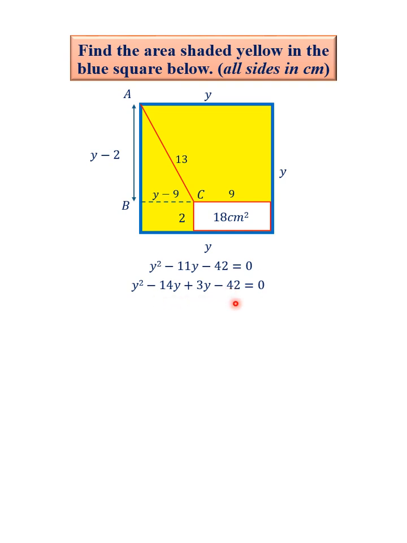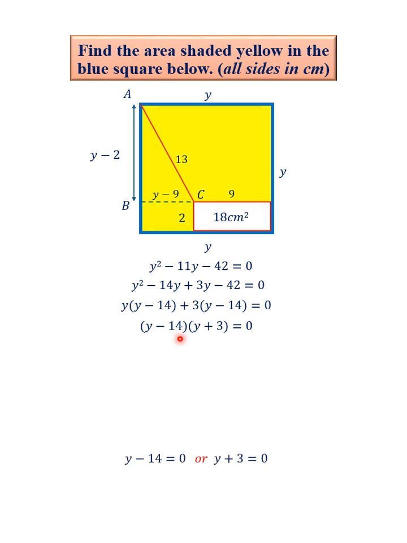So our factorization is correct. Let's continue. y is common to both terms, so if we factor out y, we'll be left with y minus 14, plus 3 is common to both, so if we factor out 3, we'll be left with y minus 14, and everything is equal to 0. Now, y minus 14 is common to both, so if we factor out y minus 14, we'll be left with y plus 3, and everything multiplied together is equal to 0.